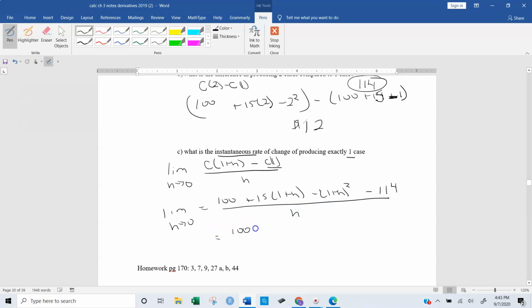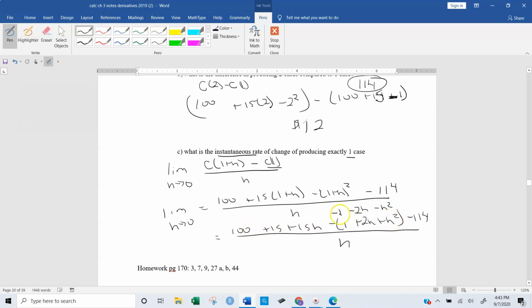So that's 100 plus 15 plus 15h. Square this out: 1 plus 2h plus h squared. Minus 114 all over h. Let's save ourselves a little time here. So this is minus 1 minus 2h minus h squared.